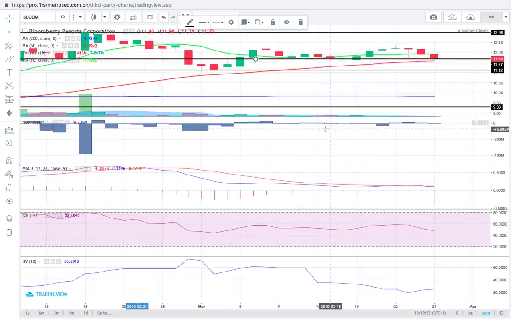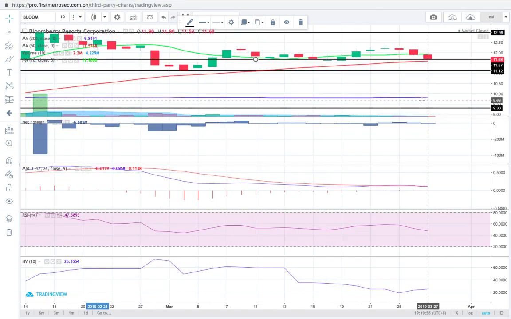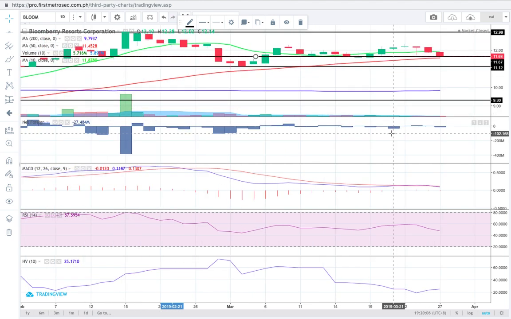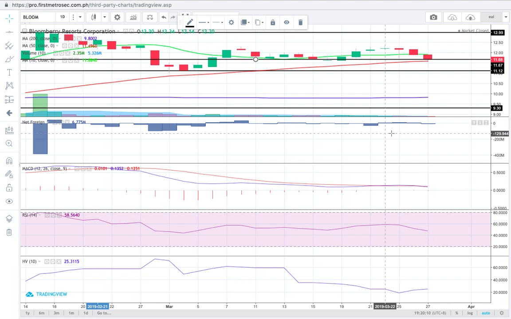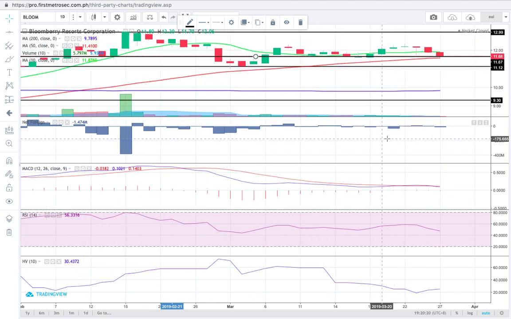Now, if in the next few days we will continue to see red candlesticks, and if suddenly the volume becomes greater than its 10-day volume average, then that will change the probability, or that will make our sentiment even more bearish. And when that happens, we have to keep an eye on the support at 11.12 already.